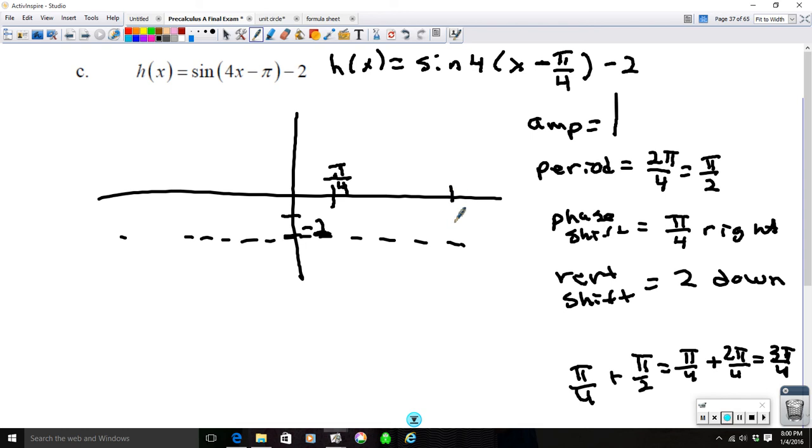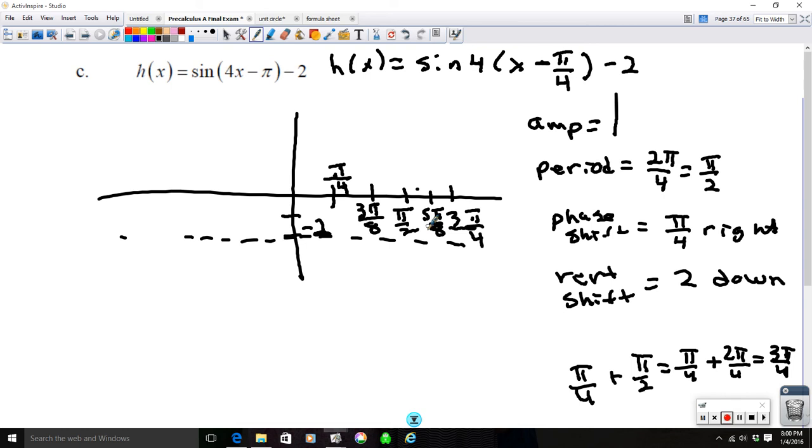So this ends at 3 pi over 4. And again, you have to split these into pieces. This is going to be 3 pi over 8, pi over 2, and 5 pi over 8.